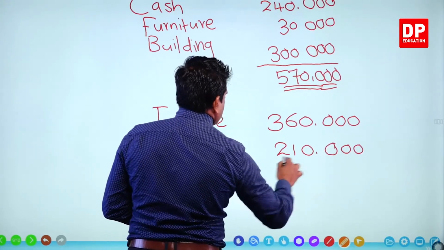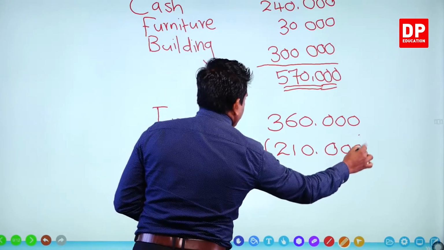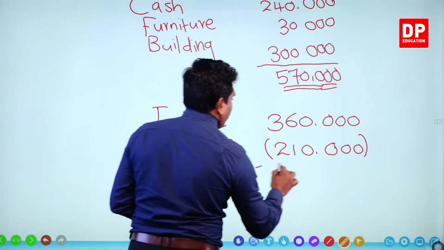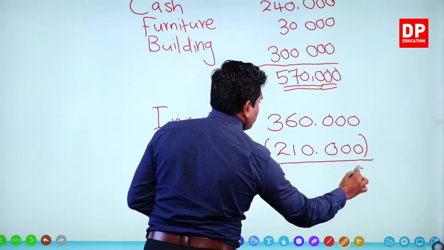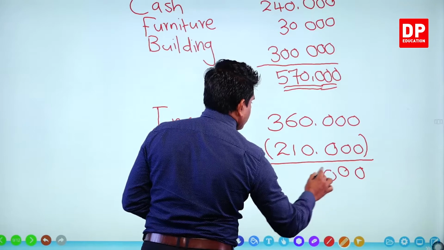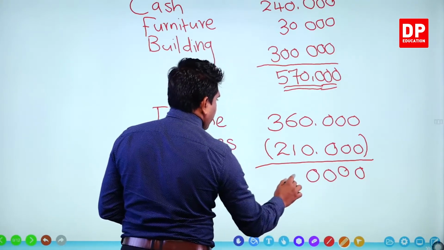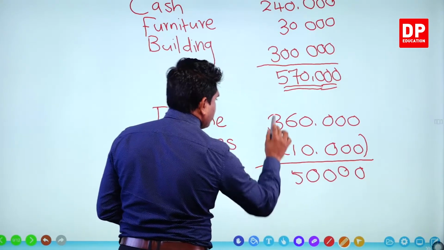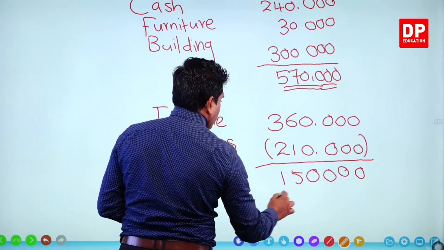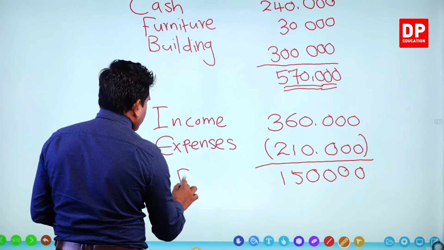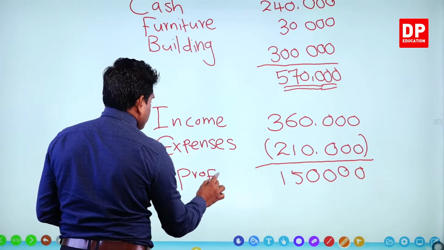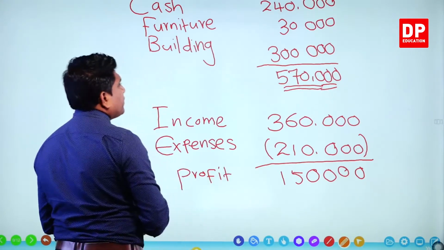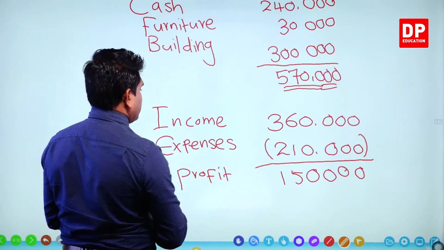You know this. Expenses every time we put in brackets. Then your profit is how much? 0, 0 and 0 here. Here also 0, 6 minus 1 is 5, here 1. 150,000 is the profit you earned, right?